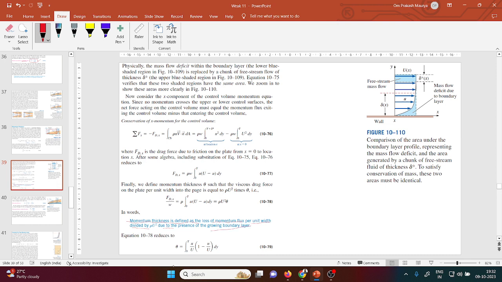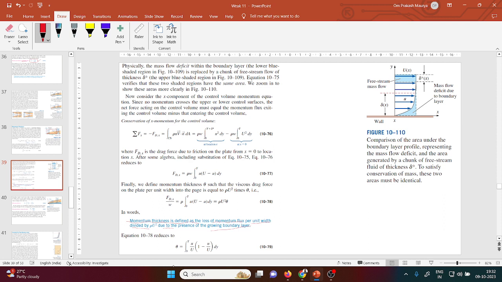The whole idea is that if boundary layer formation occurs, it tries to lose the momentum flux.